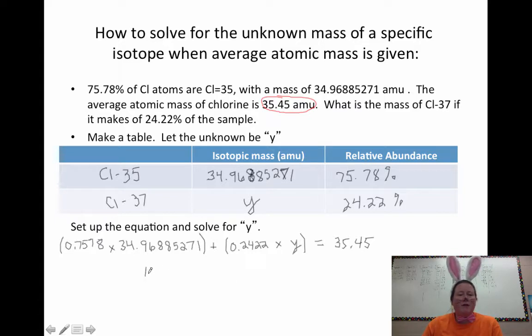Now what I want you to realize is that this is a simple algebraic expression, where this is some number. Let's just say 18 plus 5y equals 59. Okay, so we solve it the same way. When we do the multiplication here, we're going to get a number. We subtract from each side, minus 18.